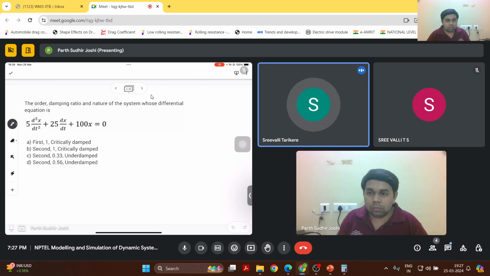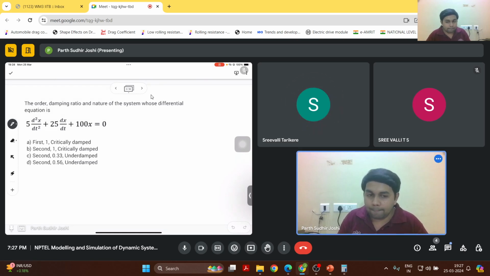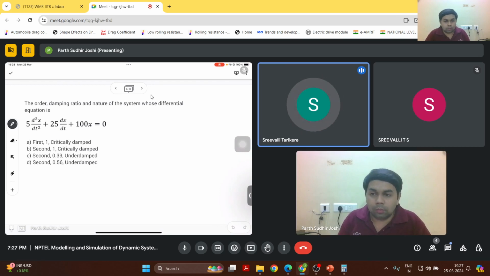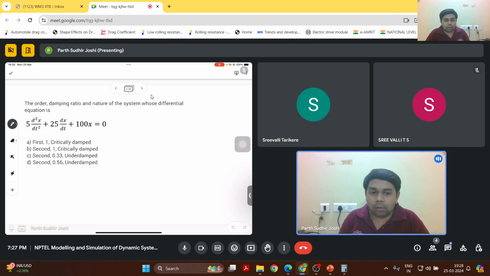So we find the square root of tau square minus 1, what is the value we get? If it is more than 1, it's over damped, equal to 1, critically damped, less than 1, underdamped. But how do we find the damping ratio?